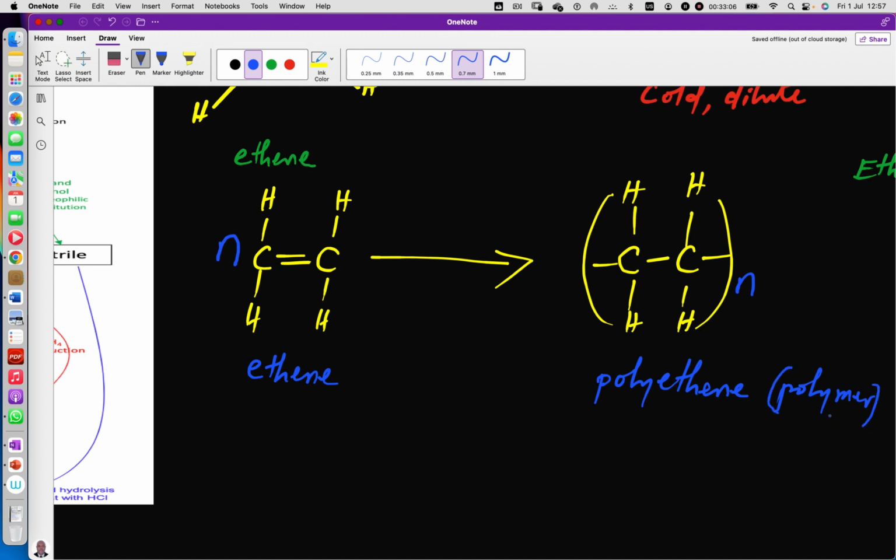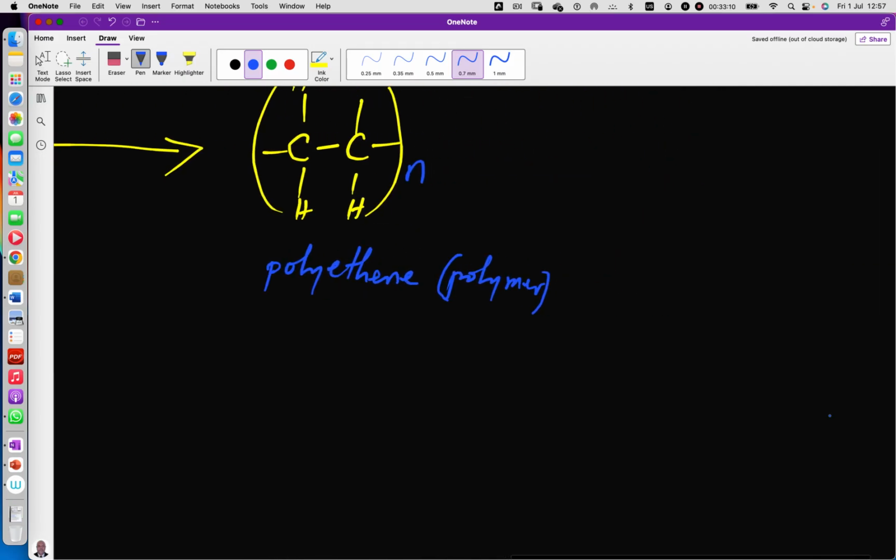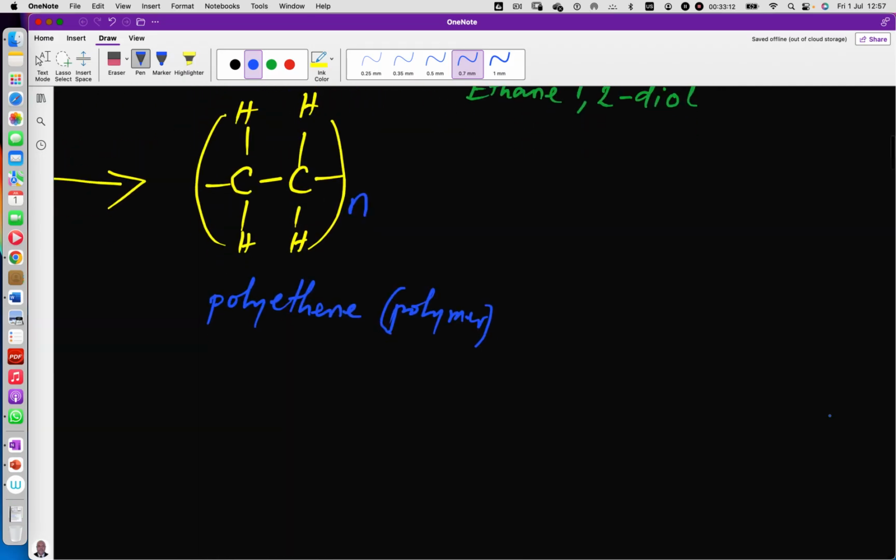The same thing can happen with propene, for instance. Let's take propene. Propene is written like this.